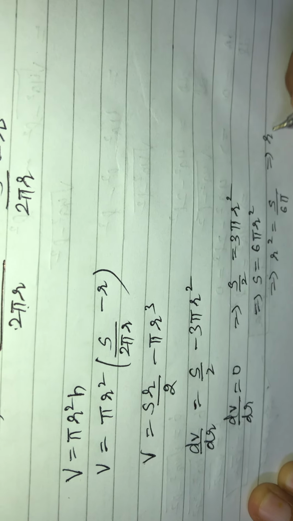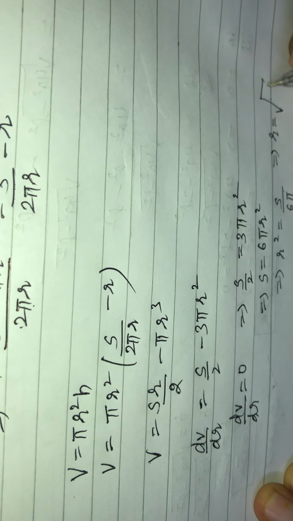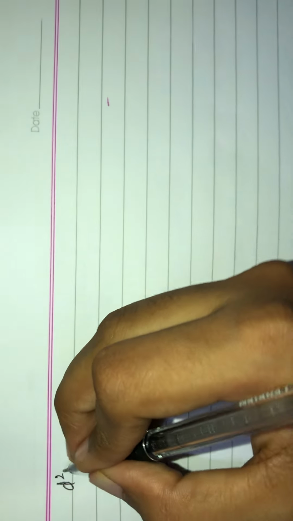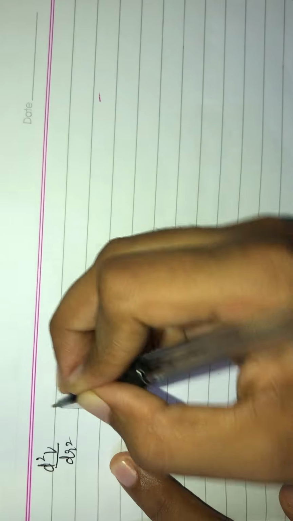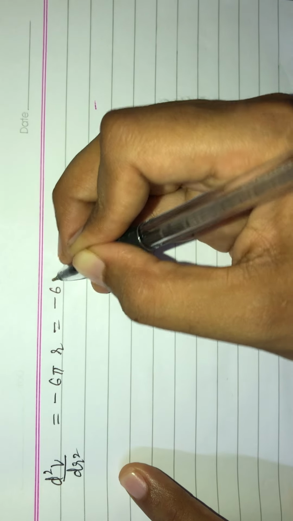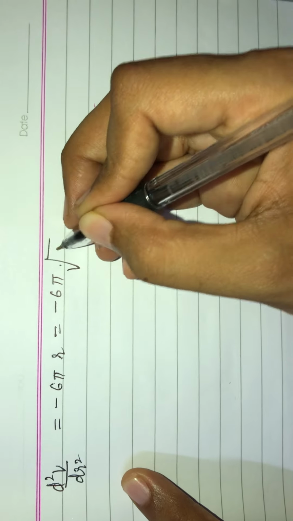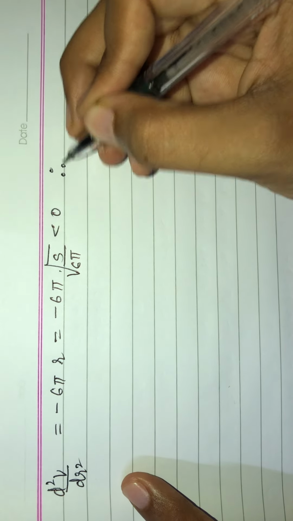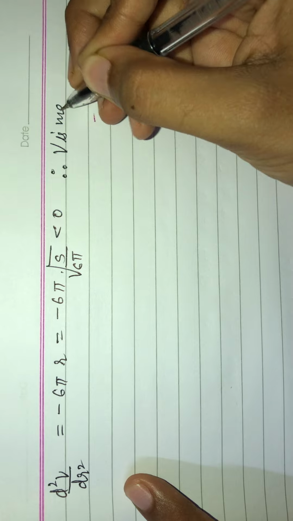That means r is equivalent to root of S upon 6 pi. Now calculate d square V upon dr square. So you will be getting minus 6 pi r. So while putting the value of r, that is root of S upon 6 pi, definitely you will be getting less than 0. So therefore volume is maximum.